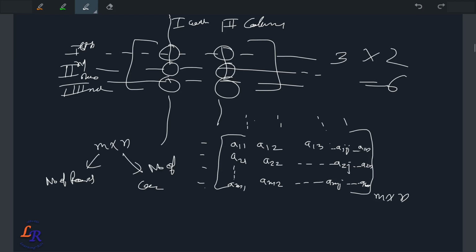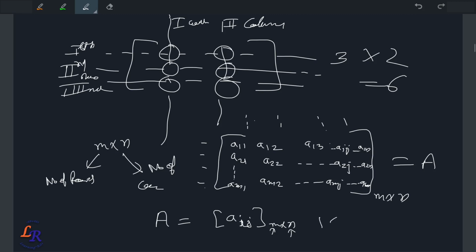So this way you can make a matrix, and generally the matrix is written with a capital letter like A. So A is equal to this. This represents the matrix, where in general terms you can write A = [aij] of order m cross n. So m cross n represents the order of the matrix, where it has m rows and n columns, and aij represents each element's position in the matrix.